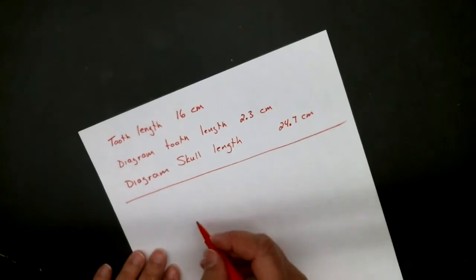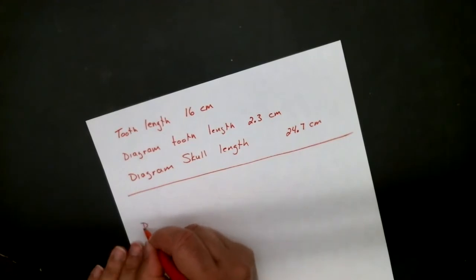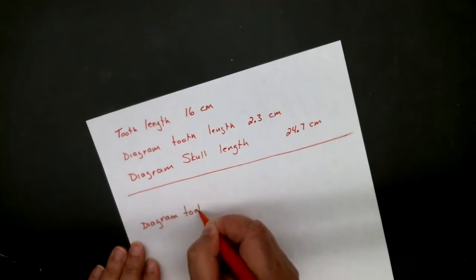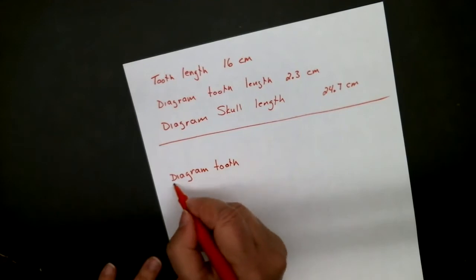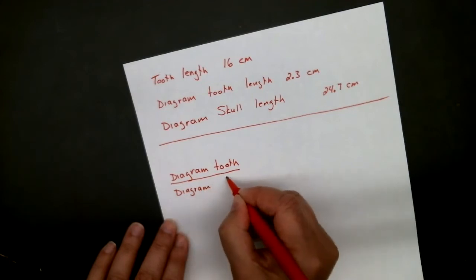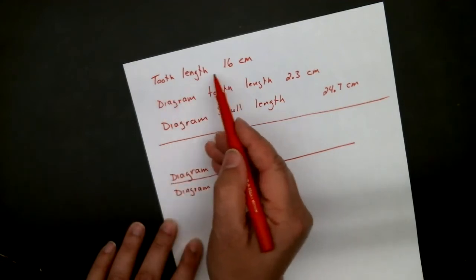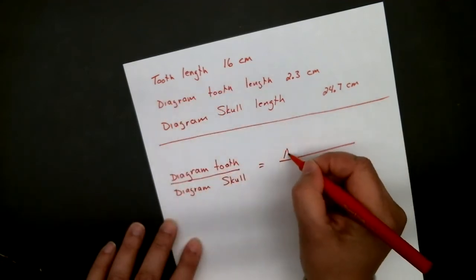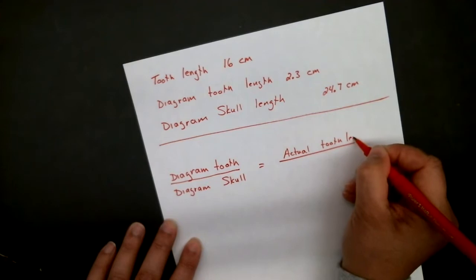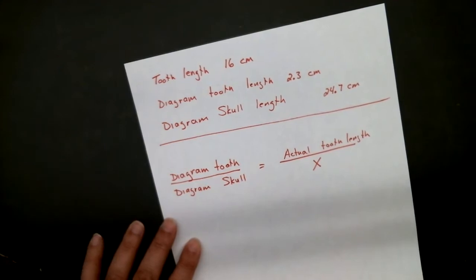So I'm going to put the diagram tooth length over the diagram skull length, and then I know the actual tooth length here, 16 centimeters, and what I want to find is the actual skull length.